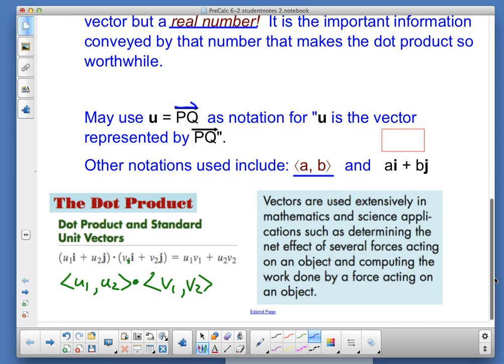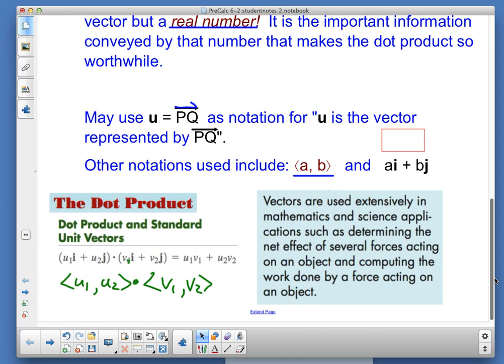So you, the reader, have to use the situation and go, okay, this is a vector versus an array. Context is important as we go through this. Other notations include component vector form, <a, b>, and then ai plus bj, because of the different components of the vectors, the way we can represent it.